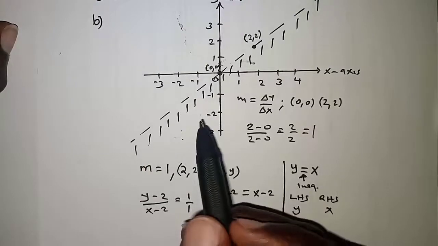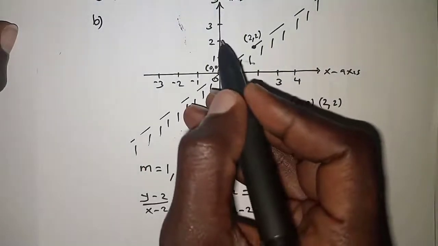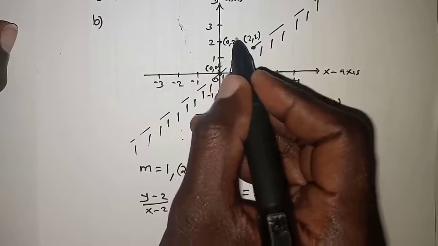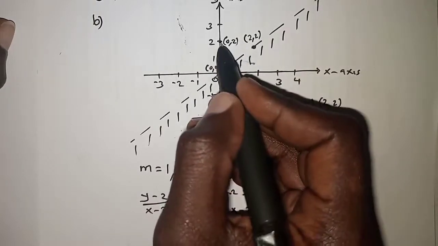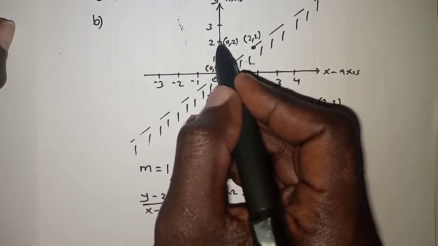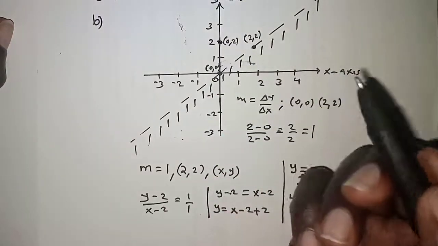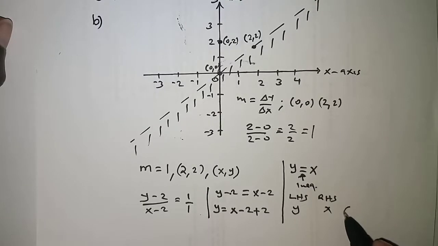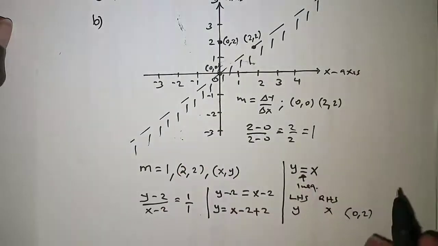For example, here we have point 0, 2. Those are the coordinates for this particular point at the y-axis. I've picked it because it's on the wanted region.